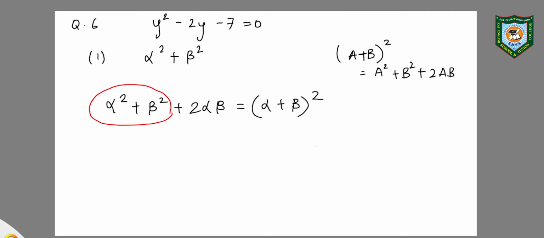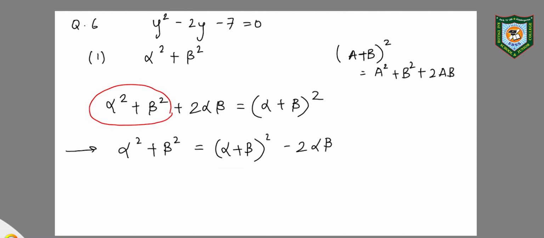So what I'm going to do is keep this particular term on the left hand side, and anything else that is remaining on the left hand side has to be shifted to the right hand side. So in the next step, I have alpha square plus beta square is equal to alpha plus beta whole square minus 2 times alpha beta.